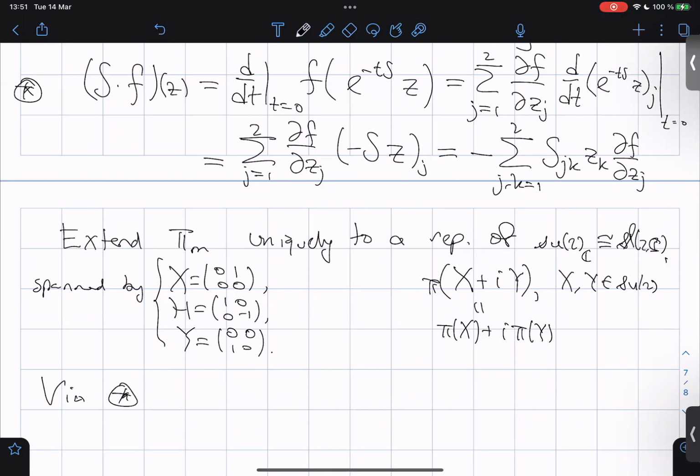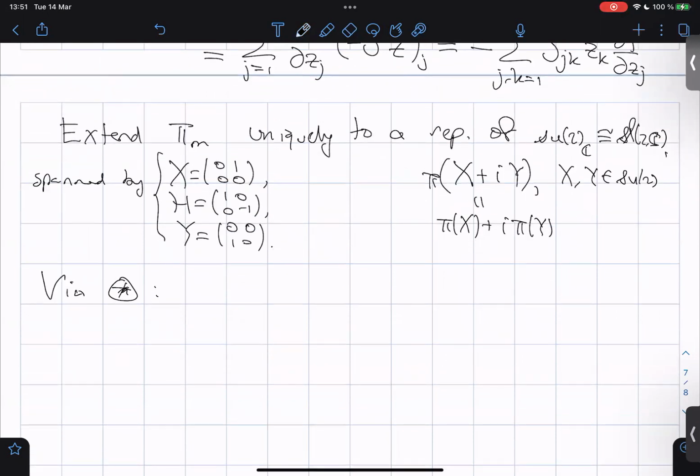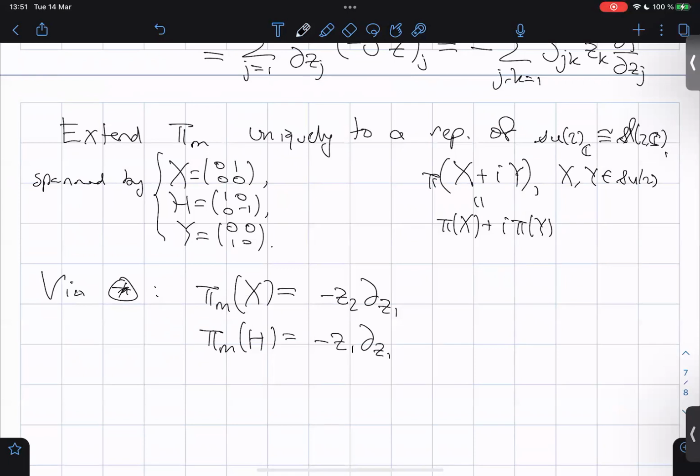It's an exercise to check this. So via star, we get the following. So i pi of X is minus Z2 partial Z1. i pi of H is minus Z1 partial Z1 plus Z2 partial Z2.